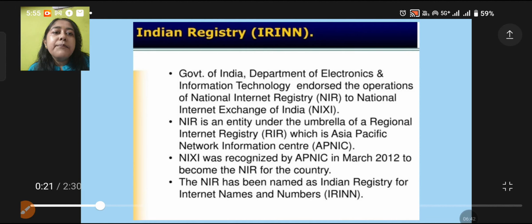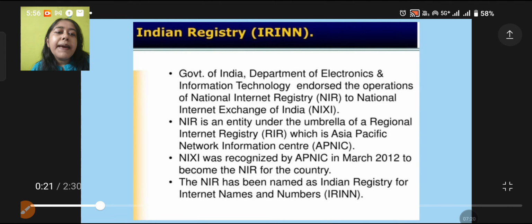The Government of India, Department of Electronics and Information Technology, enrolled the operations of the National Internet Registry, that is NIR, to the National Internet Exchange of India, NIXI. Now NIR is an entity under the umbrella of a regional internet registry, that is RIR, which is the Asia Pacific Network Information Center, APNIC.